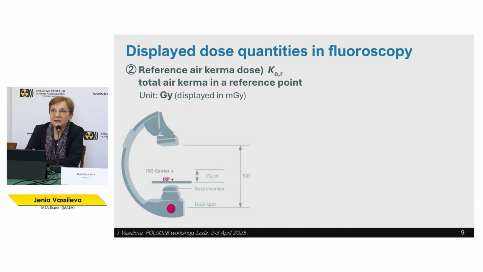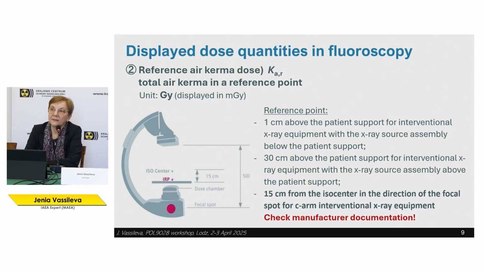The second quantity is the reference air kerma. It's called air kerma at the patient entrance reference point. It's also defined depending on the system you have, so you should carefully check the manufacturer documentation.